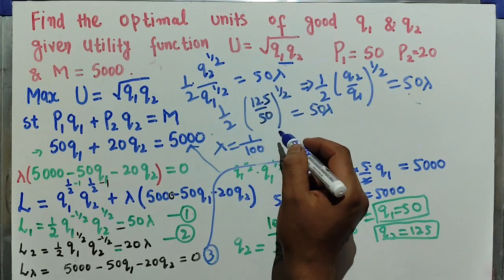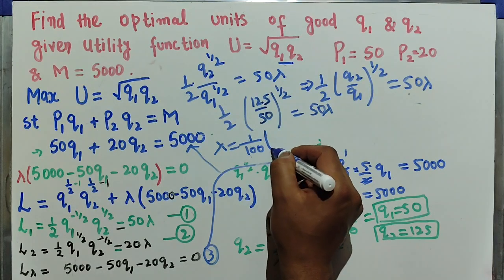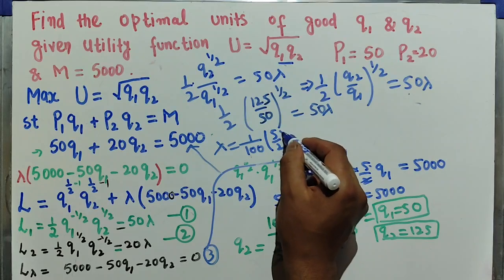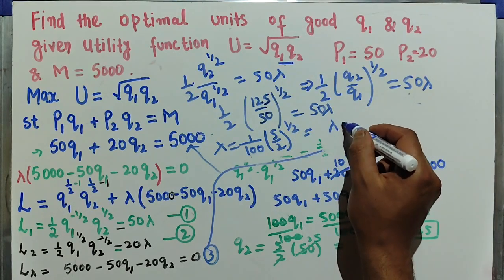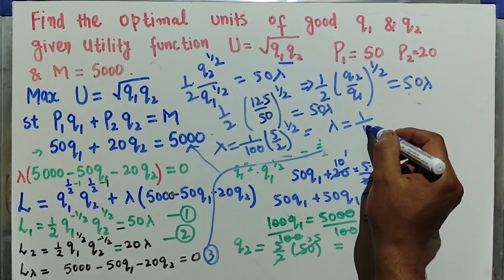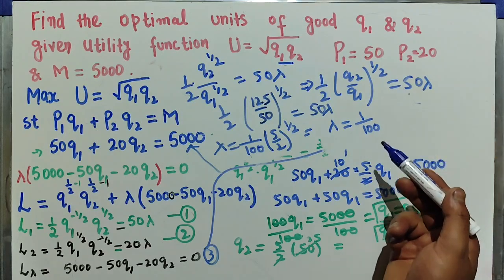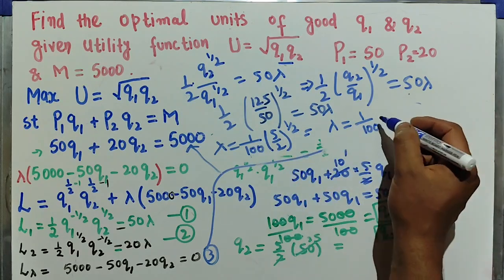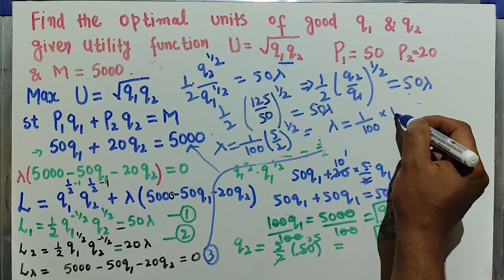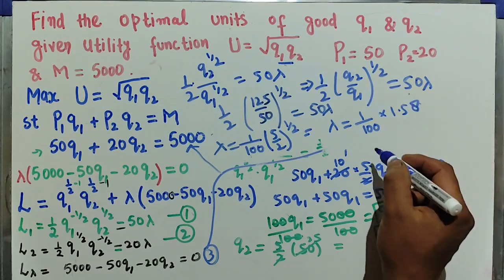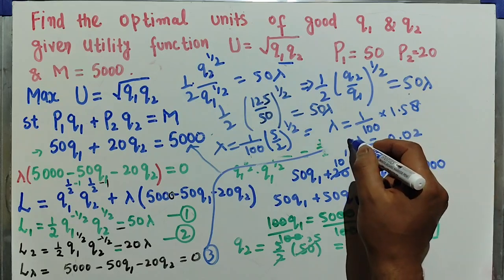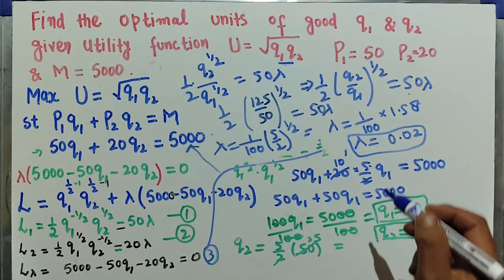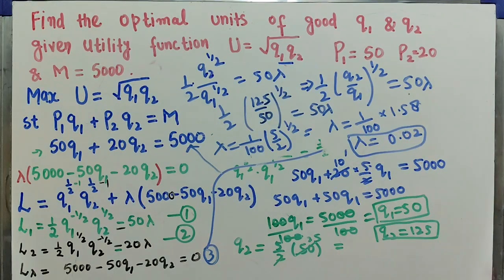So 125 upon 50 is 5 upon 2, raised power 1 upon 2. That gives us the value of lambda equal to 1 upon 100 times 5 upon 2 raised power 1 upon 2, which comes out to be 1.58. Solving further, we get lambda equal to 0.02 rounded off to the nearest second decimal.